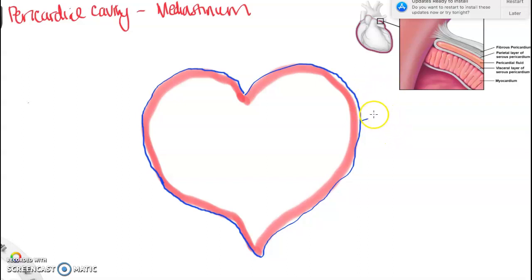It's the visceral pericardium. It's also called the epicardium.